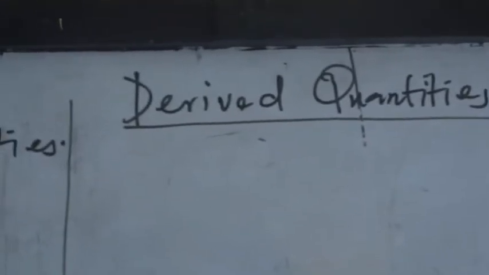Now, when we talk about derived quantities, we say that what? From the classification of physical quantities, we have fundamental and derived quantities. If one is independent, the other one is what? Dependent.